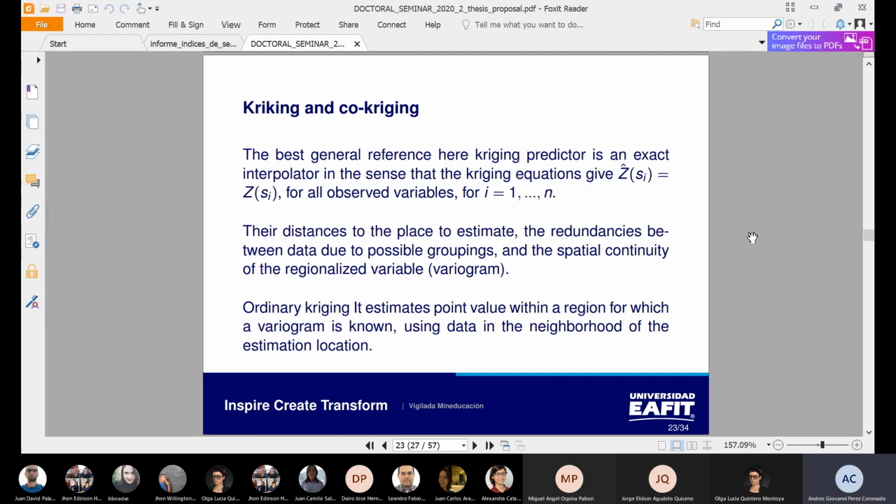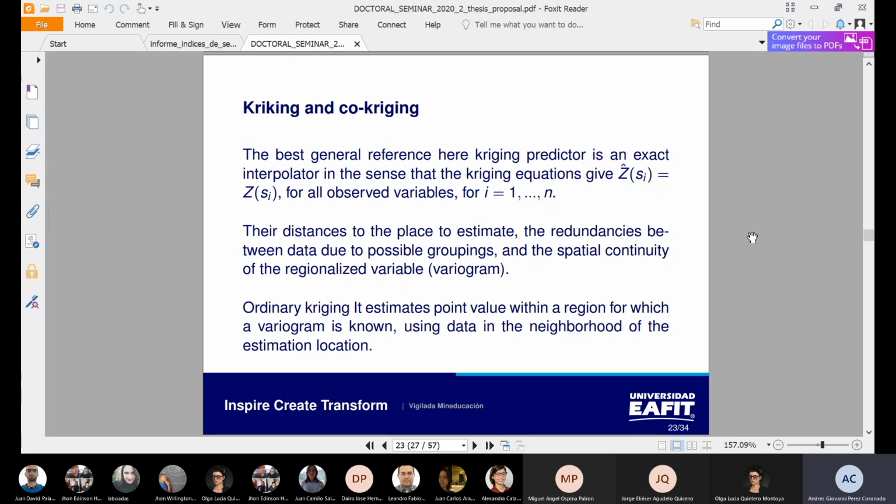This is an interpolator, and it finds the prediction of unknown points as well, and they use the variogram. Ordinary Kriging, the most useful and most familiar concept, estimates a point's value within a region for which a variogram is known, using data from the neighborhood of the estimation location.